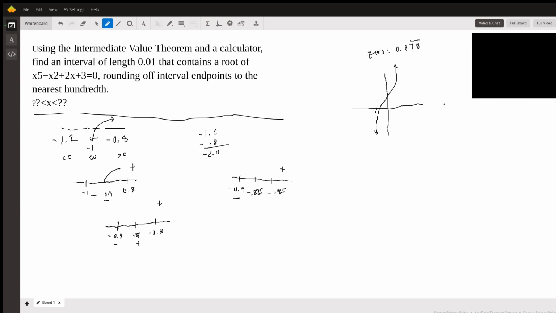So now I go back and ask the calculator, when x is -0.875, what's the answer? The answer is negative.